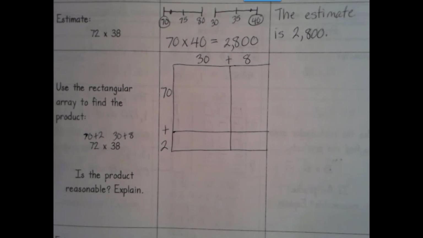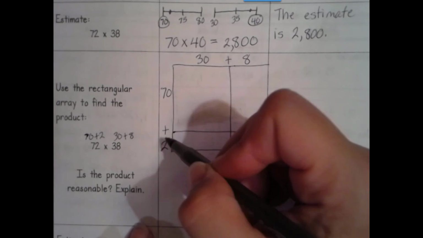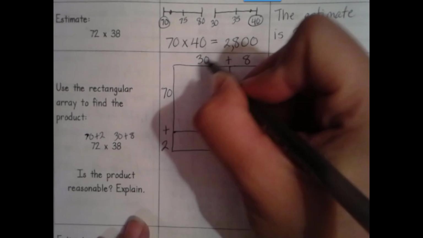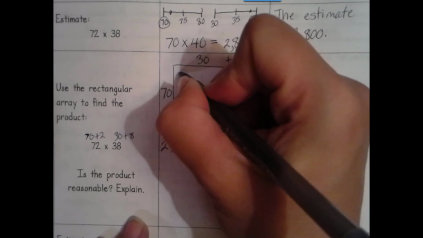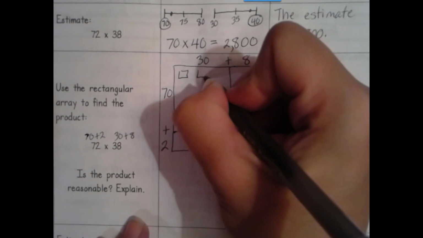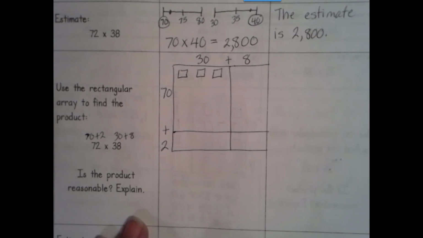So 70 times 30, well, the 10 here times the 30 makes 300s. So the 10 times the 10 is 100. So 300. I get 300s.